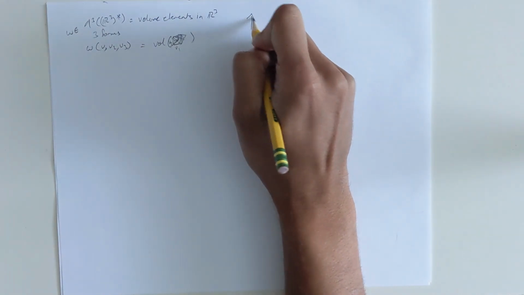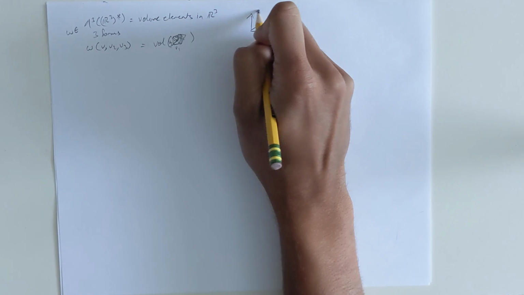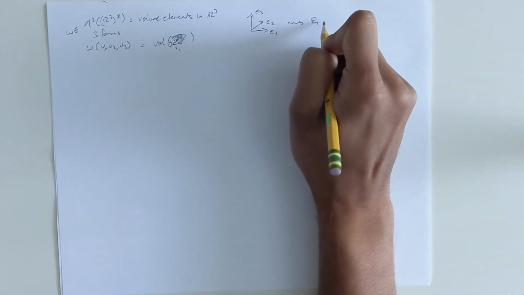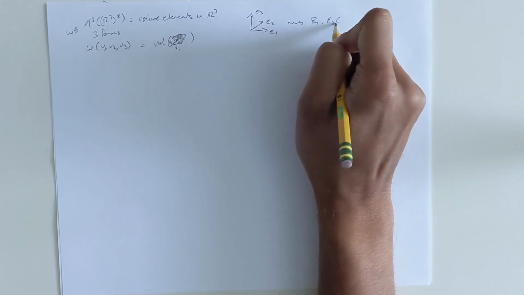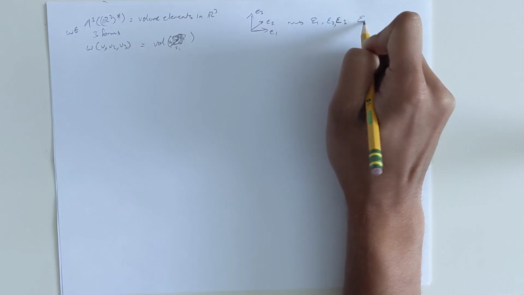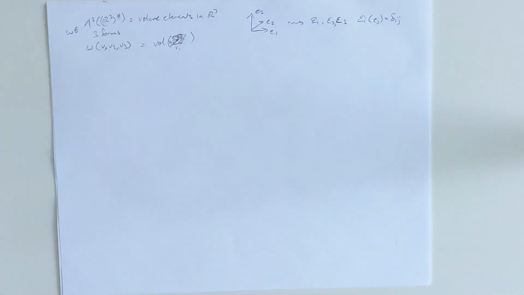So we can start in the same way as we had before. We take some basis, E1, E2, E3, and associated with this, we get a dual basis, epsilon1, epsilon2, epsilon3. Again, so that epsilon i of Ej is equal to delta ij.